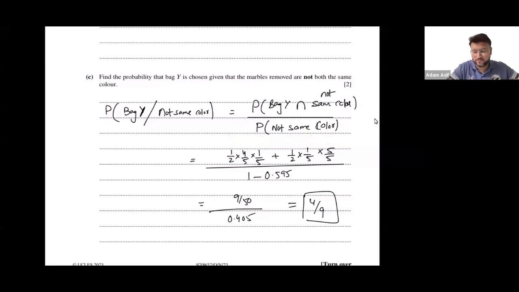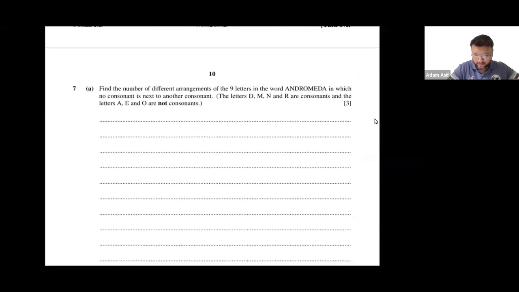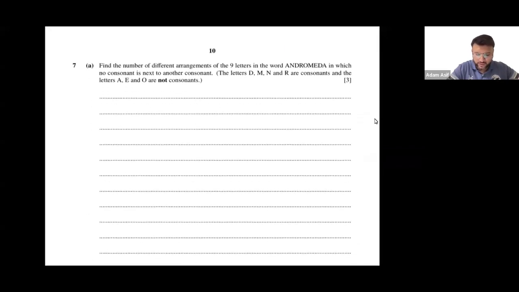Okay. Now question number 7. Find the number of different arrangements of the 9 letters in the word Andromeda in which no consonant is next to another consonant. The letters D, M, N are consonants, and the letters A, E, and O are not consonants. Okay.